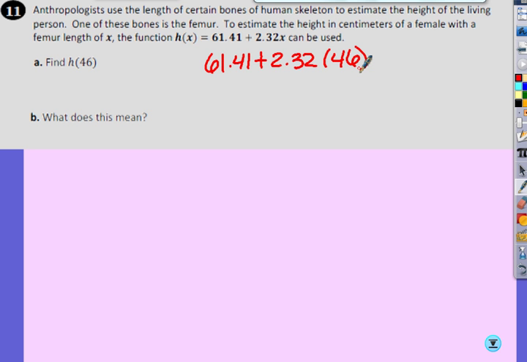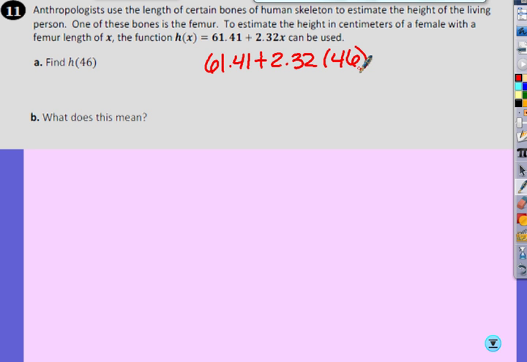The second question asks you, what does this mean? Well, it states in the third sentence, to estimate the height in centimeters of a female, the function will be used. The answer for letter A will be the height in centimeters of the female with a femur length of 46.